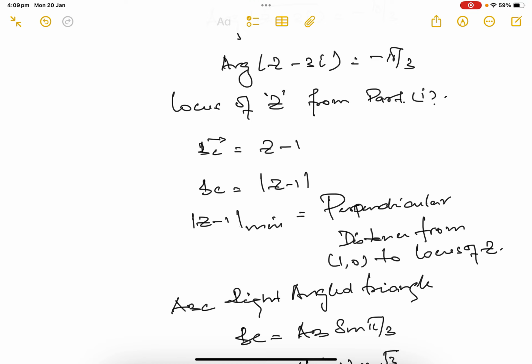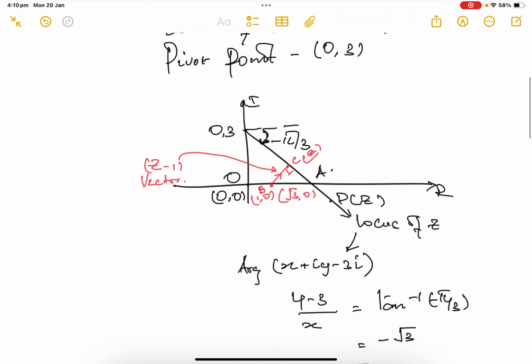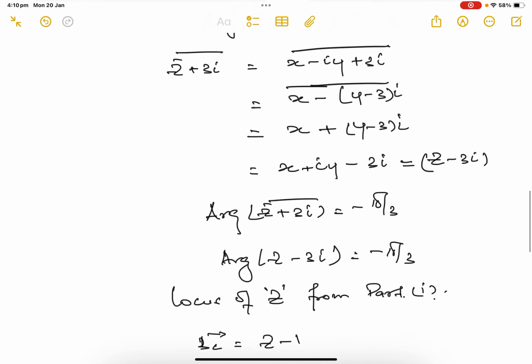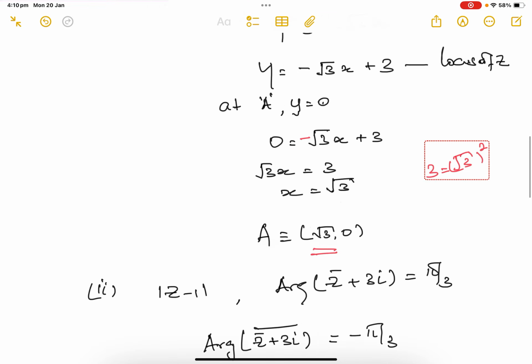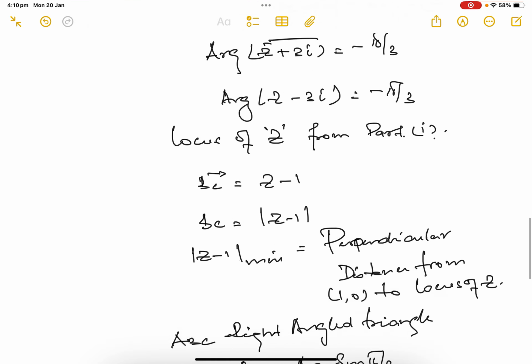Now what we have to do is find what z minus 1 is. Z minus 1 is the vector, or complex number, from any point of the locus to 1 on the real axis. Call that B. The coordinates of B are 1, 0, because of this z minus 1.